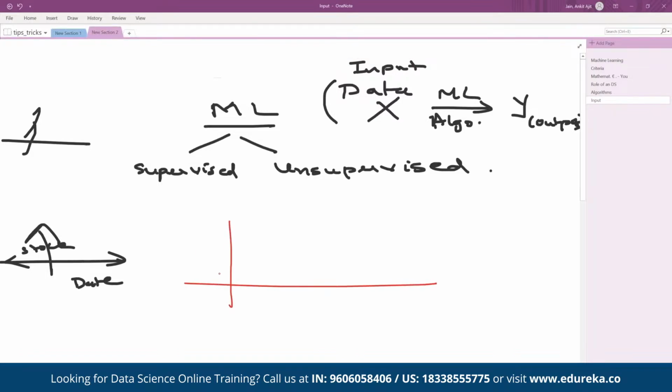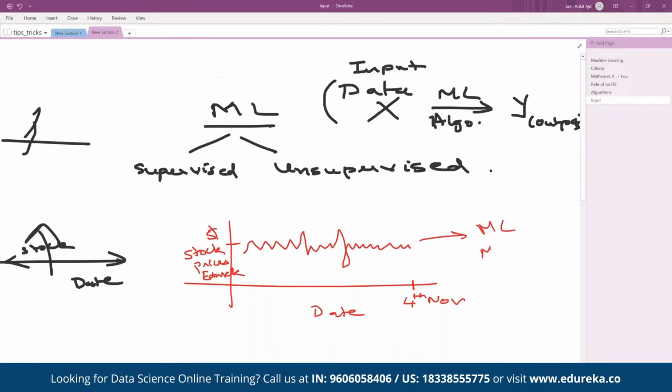Suppose we are creating a graph of stock prices, say Edureka has a share, and we want to see the behavior of Edureka with respect to date, say 4th of November. We know the prices till today. Suppose these are the Edureka share prices in dollars. Suppose we feed this data into a machine learning model.